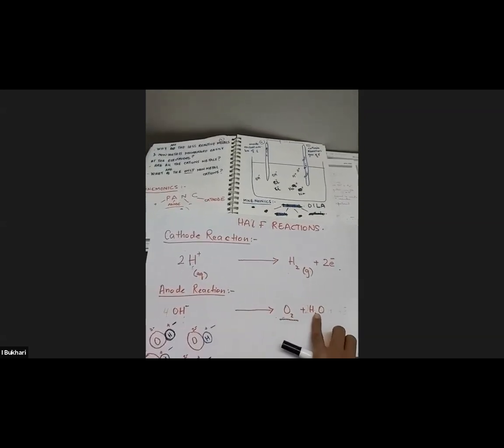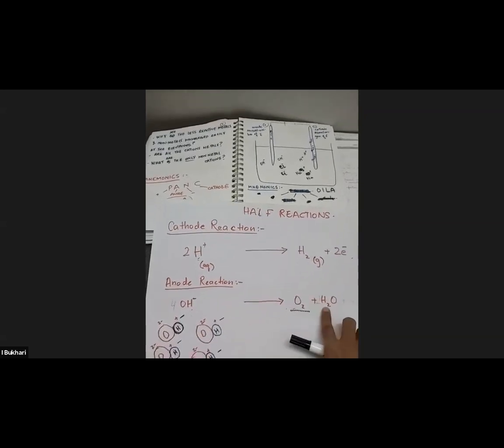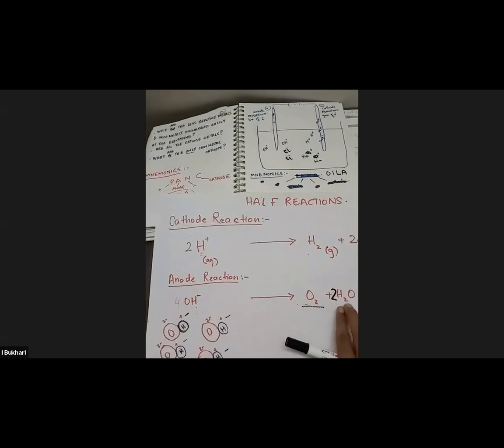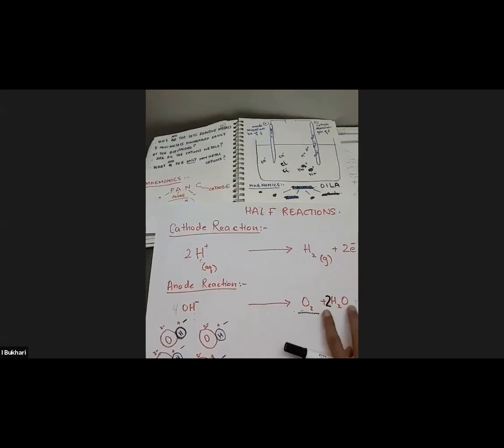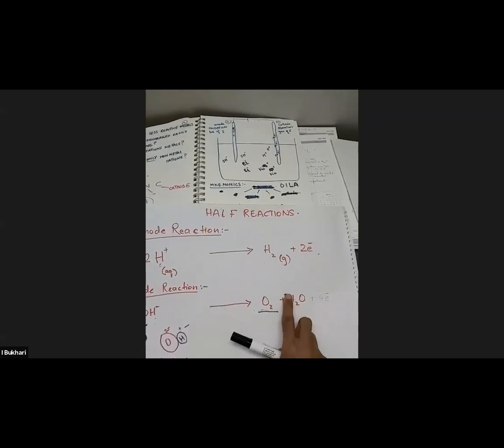Now there are 3 oxygen atoms and 2 hydrogen atoms here. So if I put in 2 here next to water, I have an even number of hydrogen and oxygen atoms: 4 hydrogen atoms and 4 oxygen atoms.